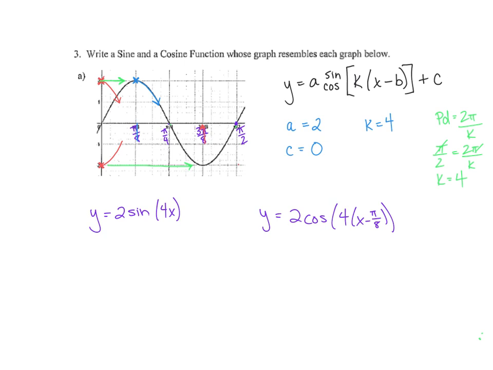So a different option for this equation of these curves could have been a -2 cos and shift it to the right 3 pi by 8. And again, its amplitude and its shift up or down would remain the exact same. So those are just some options of how we could have written this cos curve.